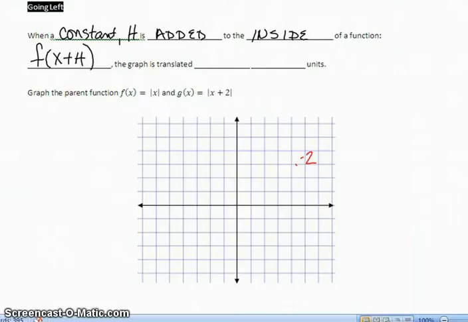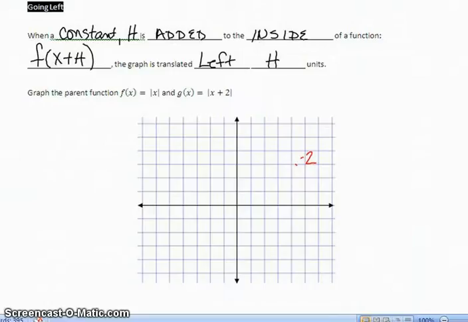The graph is translated left h units. Now you would think because we've added we'd be moving to the right, but it's actually the opposite direction when it's inside the function. So we're going to move left that many units.